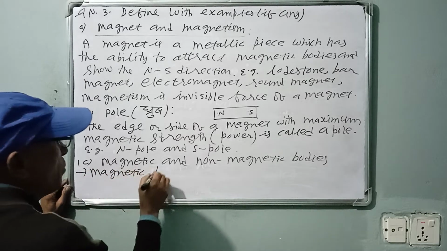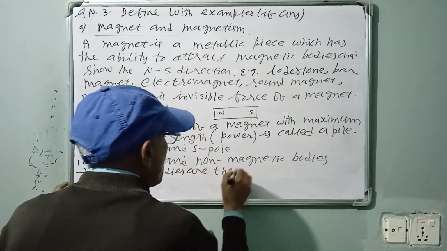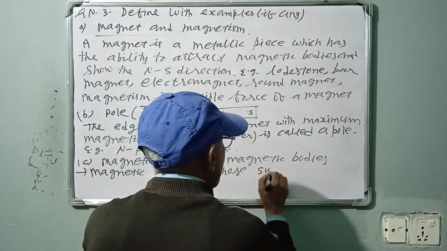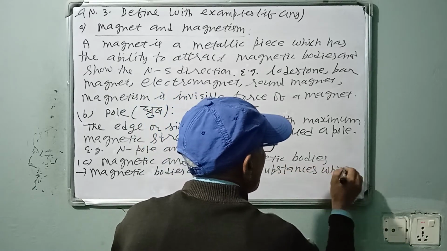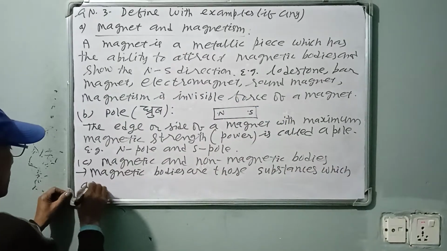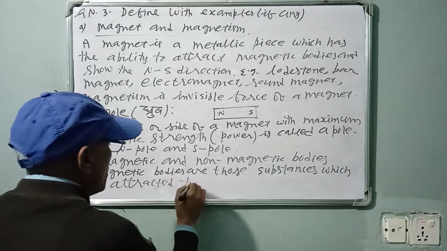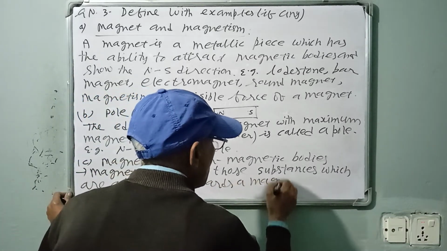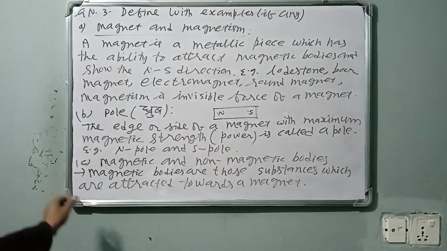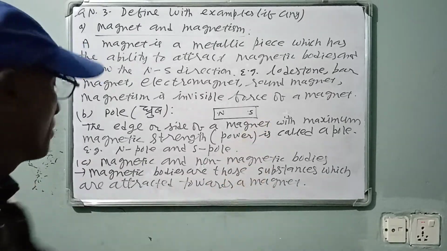Magnetic bodies are those substances which are attracted towards a magnet. Just by the word, magnetic bodies are those which are attracted towards a magnet.